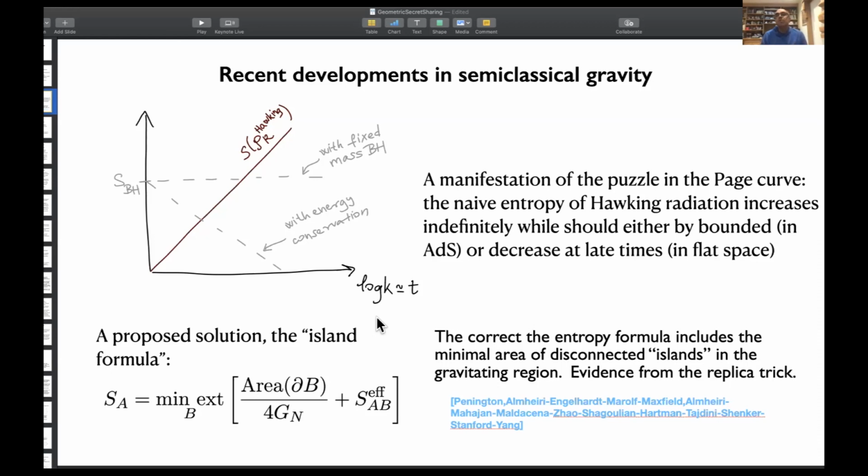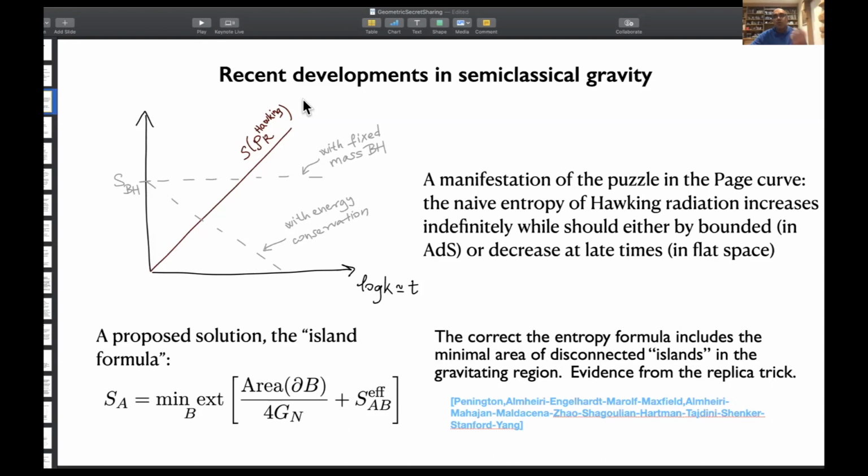That is, suppose you consider Hawking radiation and naively compute the entropy of the Hawking radiation as time passes. You find that the entropy of the Hawking radiation, naively treated as an effective field theory entropy, will increase with time, just following Hawking's calculation.